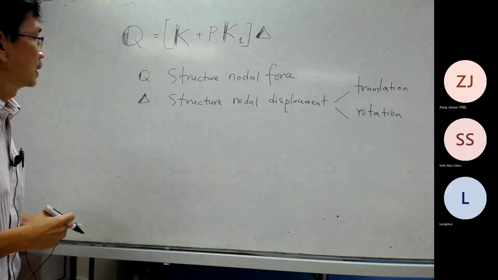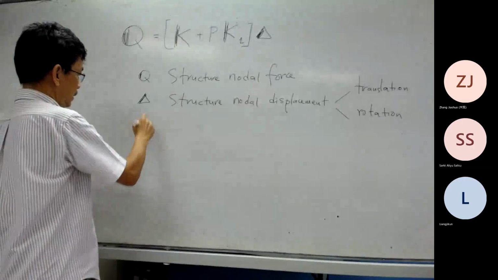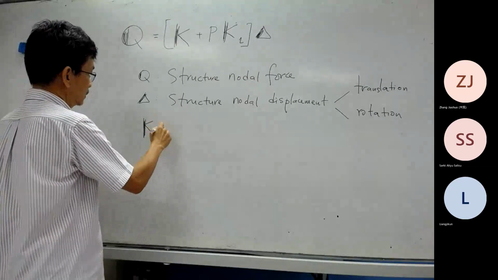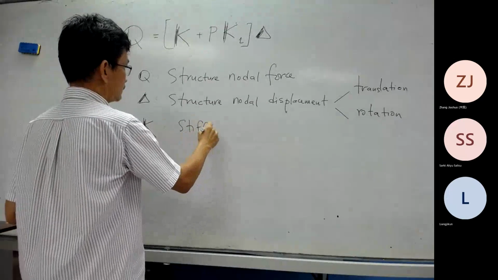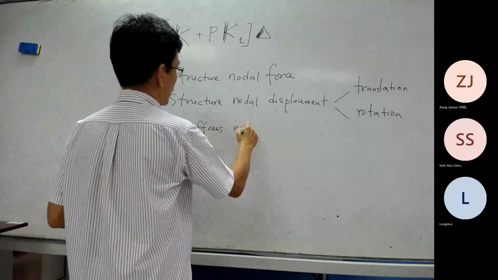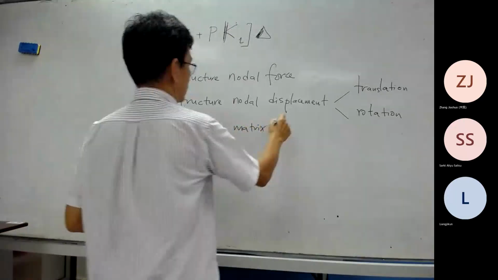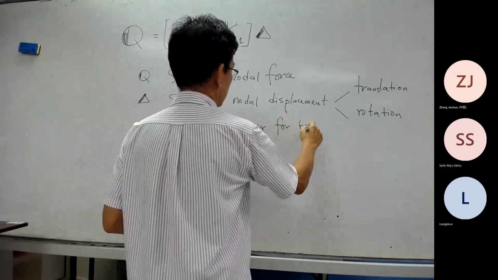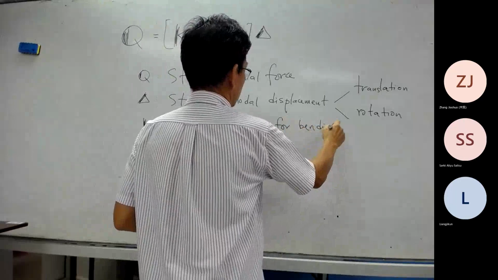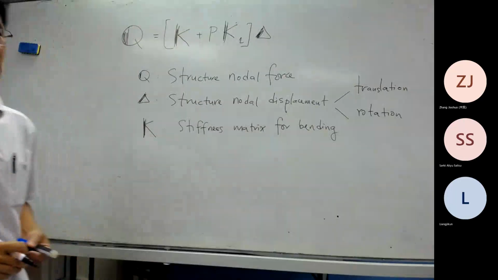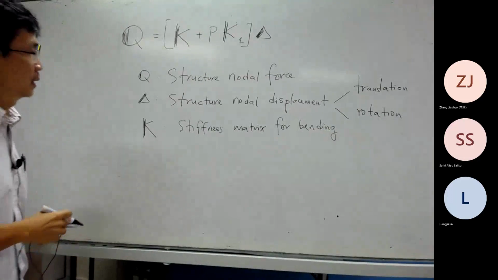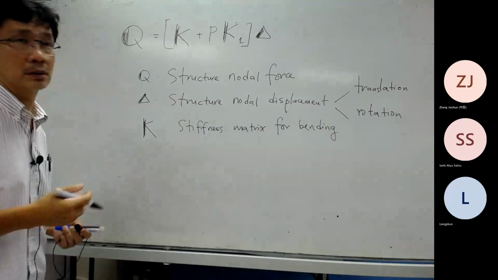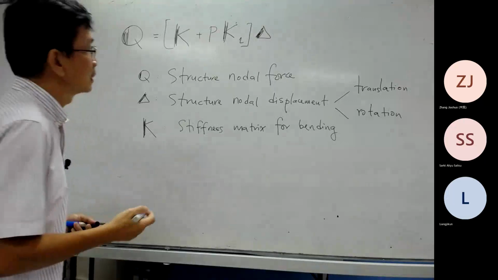We have to identify. And the K here is the normal stiffness matrix, encountered for loading causing bending.